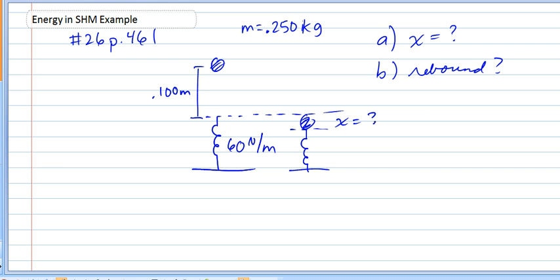Let's think about it: if the total energy that we start with is equal to the total energy that we end with, what kind of energy are we starting with? Well, when the ball's just hanging out up here, we're talking about potential energy due to gravity. That's all that it has. The spring is not stretched and it's not moving, so that's the only energy that we have.